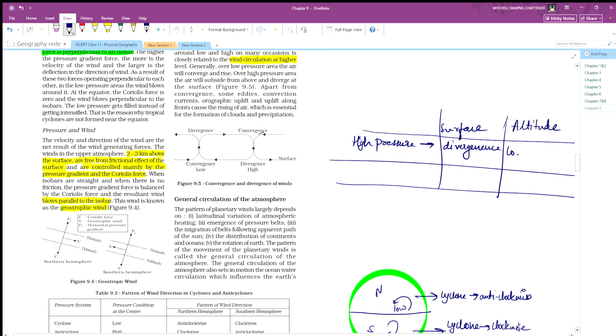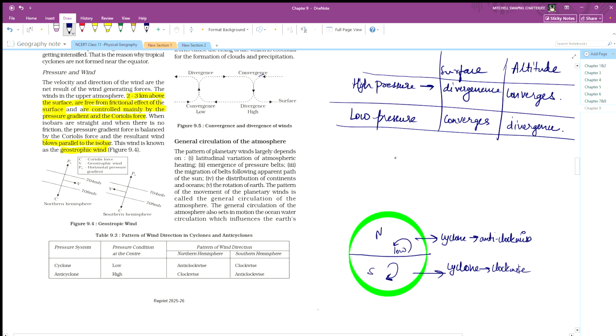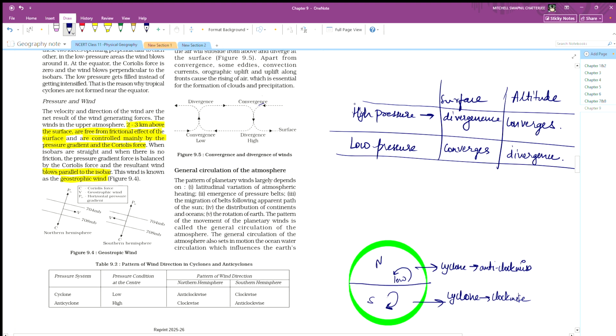It converges. And basically low pressure area, it converges at the surface and diverges at altitude. Oh, this took a lot of time, not to explain, but for me to understand.